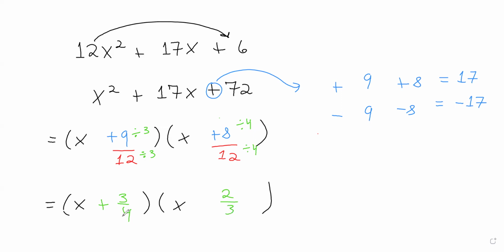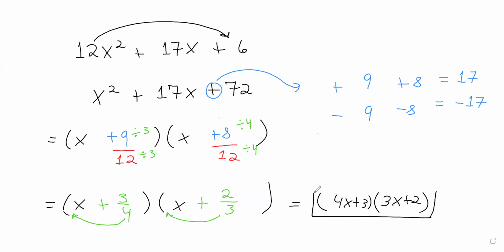Now, once you have simplified fractions, denominator becomes coefficient. Oops, I forgot the plus sign. So your final answer will be 4x plus 3 times 3x plus 2.